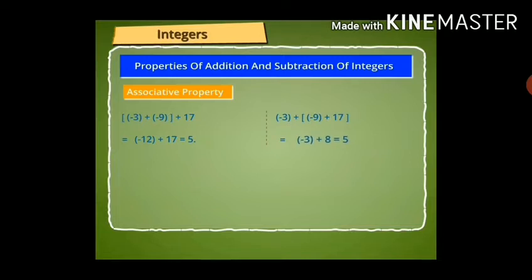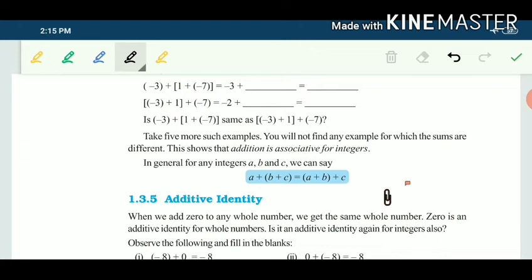Solve it, it becomes -3 + 8. That is equal to 5. So associative property is a + (b + c) is always equal to (a + b) + c. So addition is associative for integers.